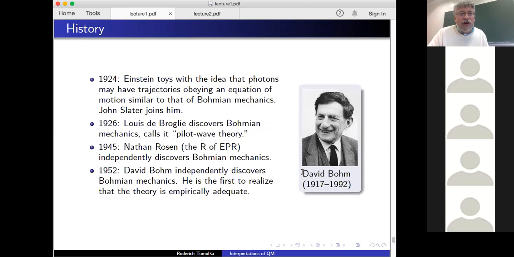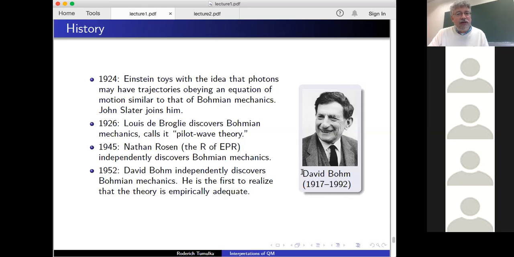A short remark on the history of this idea of Bohmian mechanics. Already in 1924, Einstein toys with the idea that photons may have trajectories obeying an equation of motion similar to that of Bohmian mechanics. The idea that somehow the electromagnetic field, which we would now call the photon wave function, guides the photon trajectories.